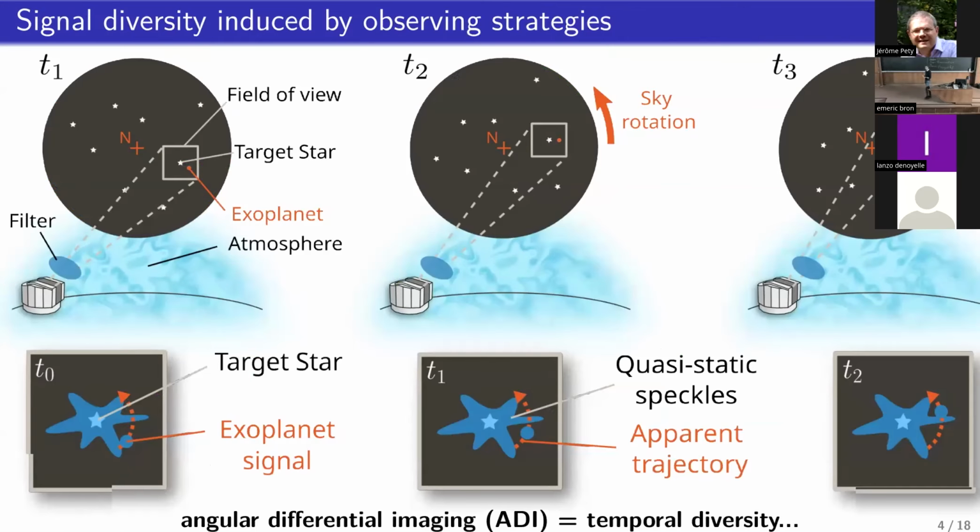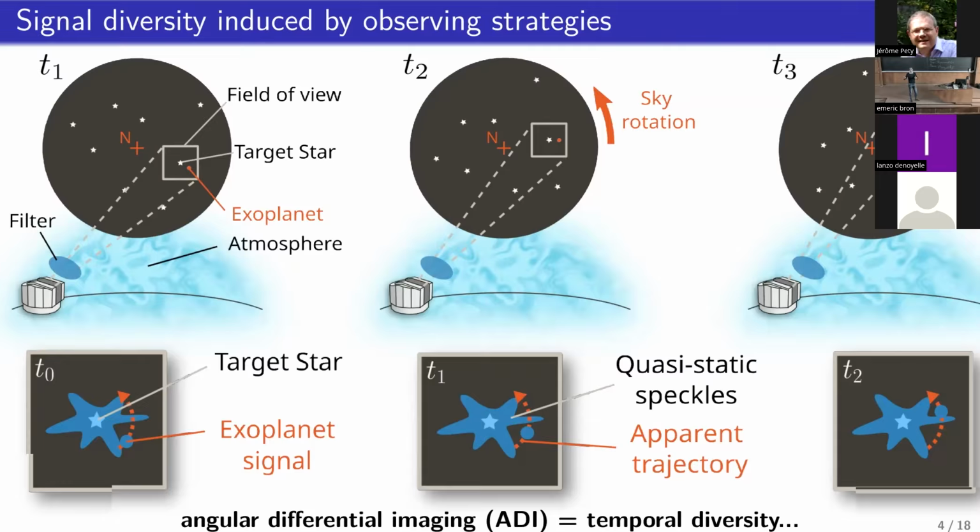To perform this unmixing, we will leverage different and complementary signal diversities introduced by the observing strategies. There are several kinds of diversities, and here I'm focusing on two we are exploiting. The first one is a temporal diversity. We have several images, and across the temporal axis, the nuisance component is almost the same.